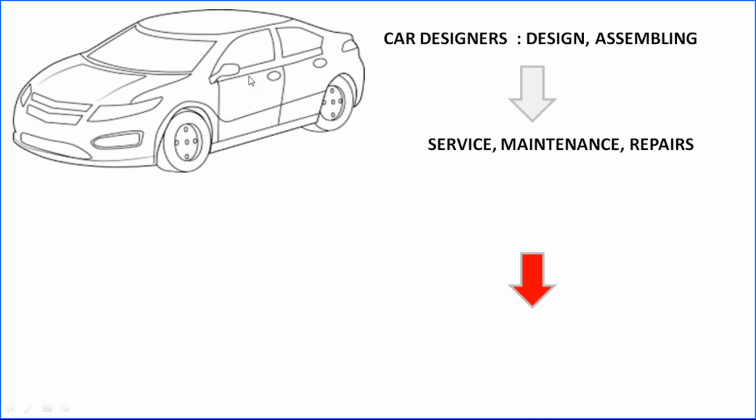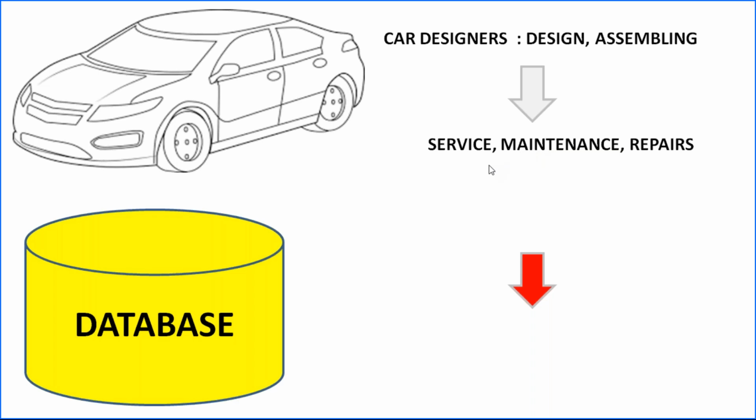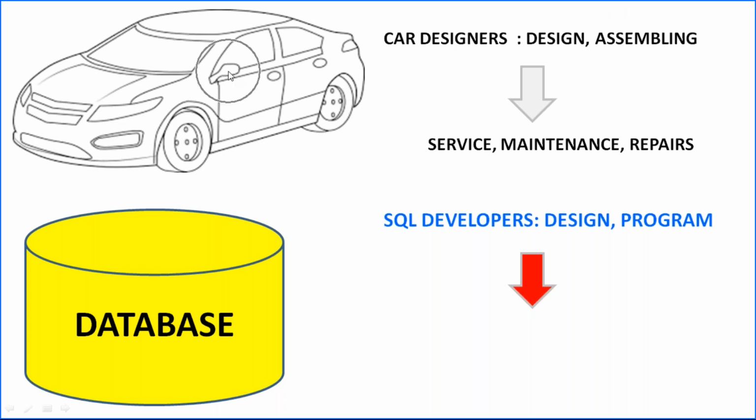Then the car gets on the road, then comes service, maintenance, repairs. Same way database. Database developers are involved in the design of databases. Just like a car has multiple spare parts, our database will also have multiple spare parts we are going to learn from tomorrow. Those spare parts we need to manage as a DBA.